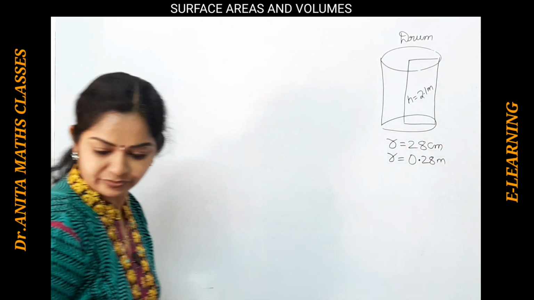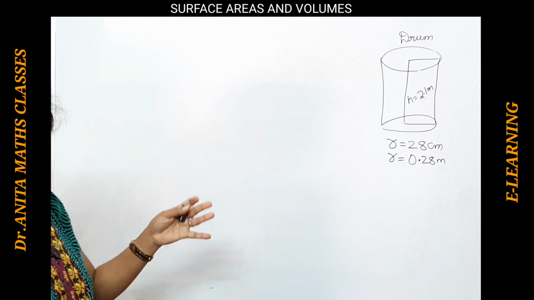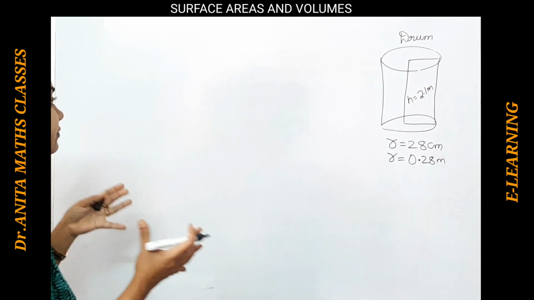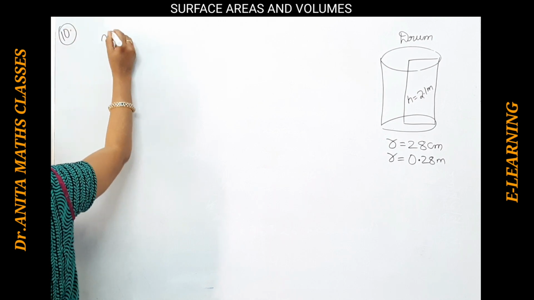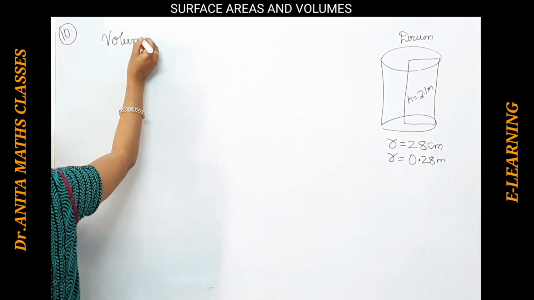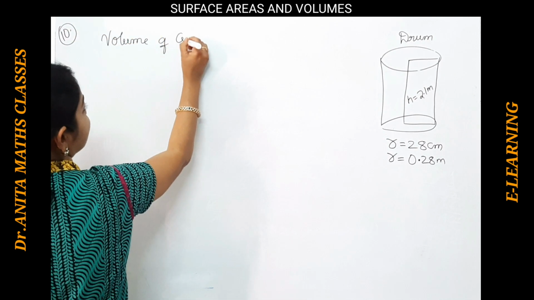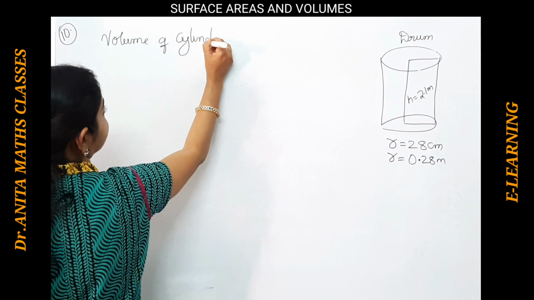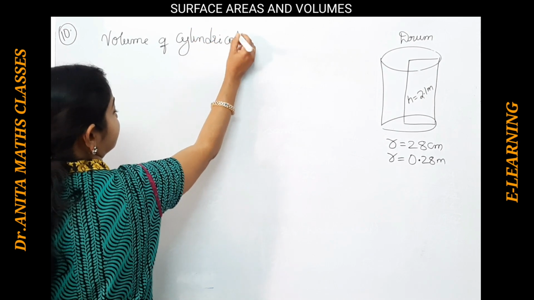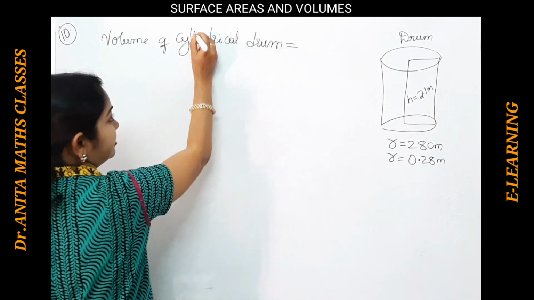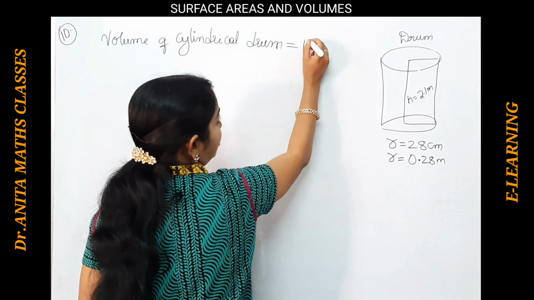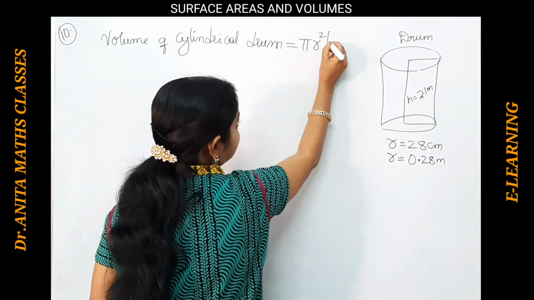We will now find the volume, how much water it will store. We will find the volume of the cylindrical drum. The drum is in the shape of a cylinder, so the volume formula is πr²h.